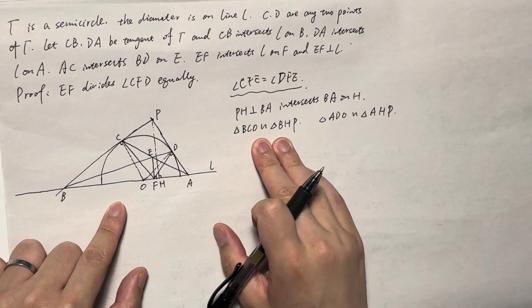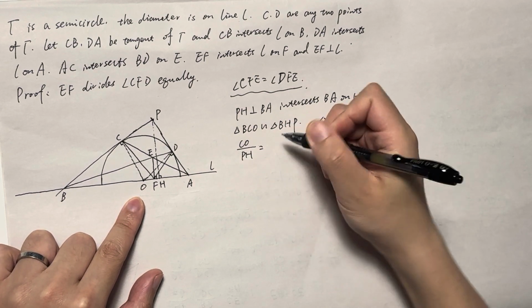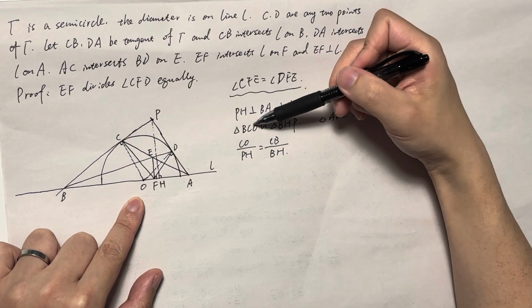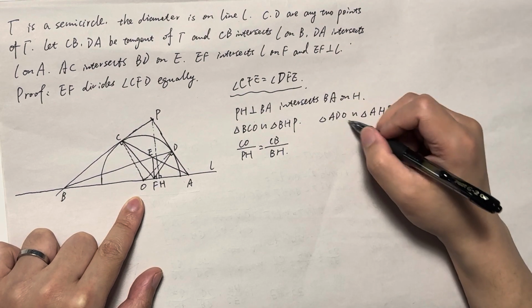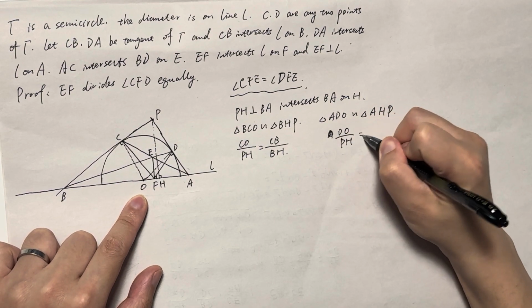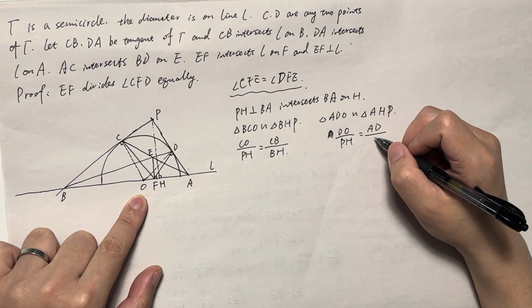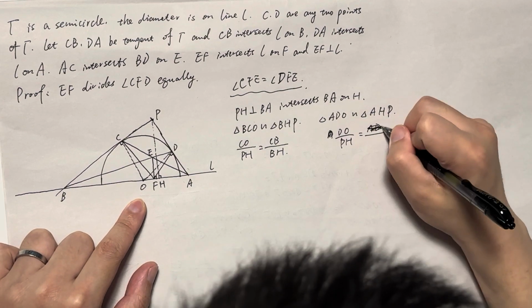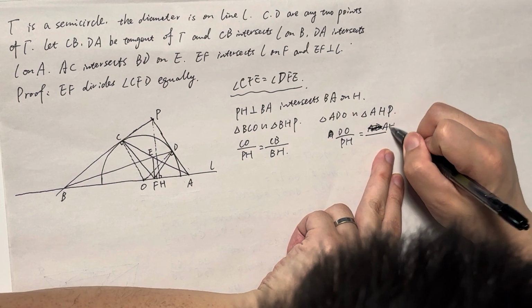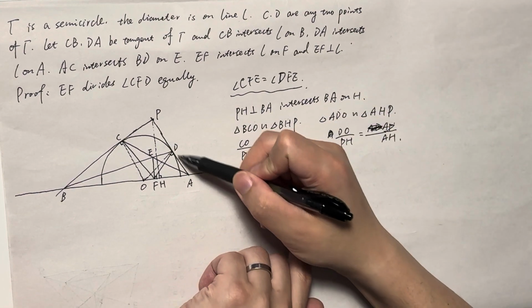From this similarity, we get the ratio CO to PH equals CB to BH. Similarly, DO to PH equals AD to AH.